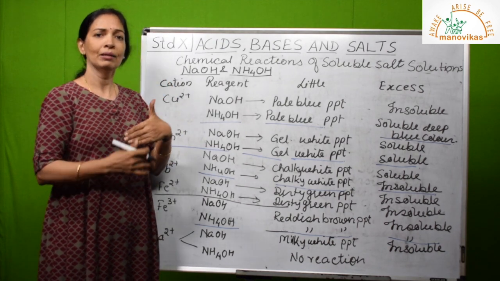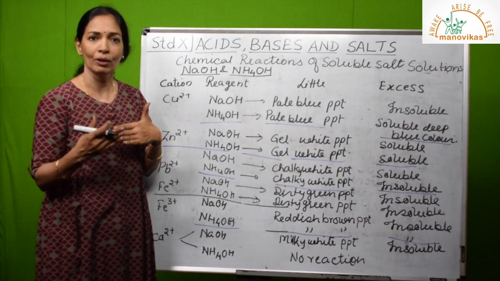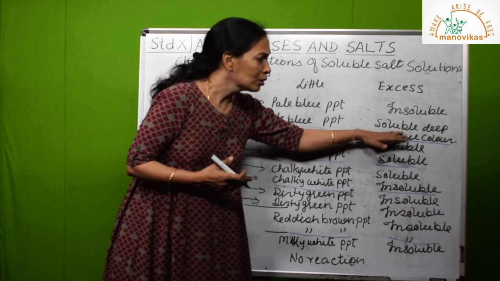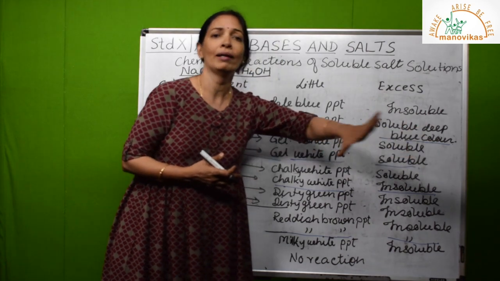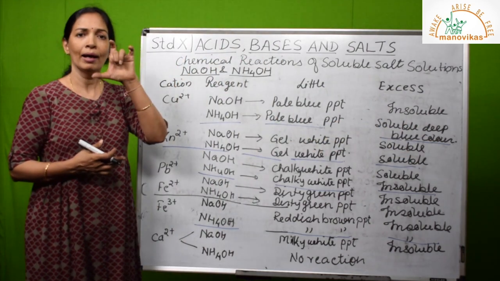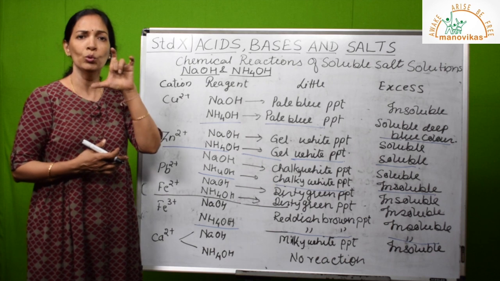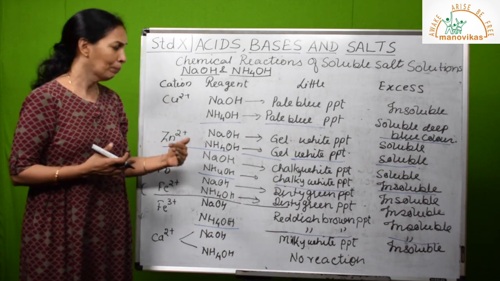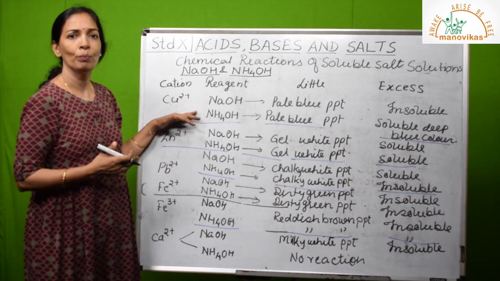That means it is reacting with more ammonium hydroxide and forming a complex. Okay. And a soluble deep blue coloration will come. So the entire content will turn into deep blue color and the precipitate will dissolve because reaction is taking place. So this is about copper 2 plus ion.